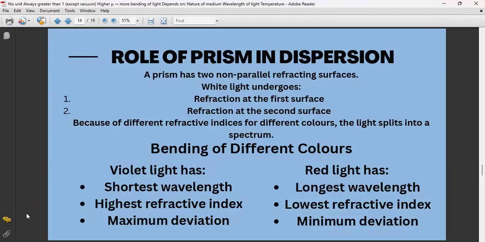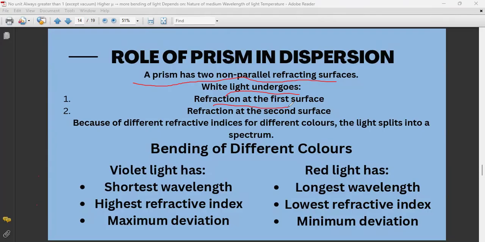Now, the role of prism in dispersion. What role does a prism play in the dispersion? Well, a prism has two non-parallel refracting surfaces. Step one, white light undergoes refraction at the first surface.